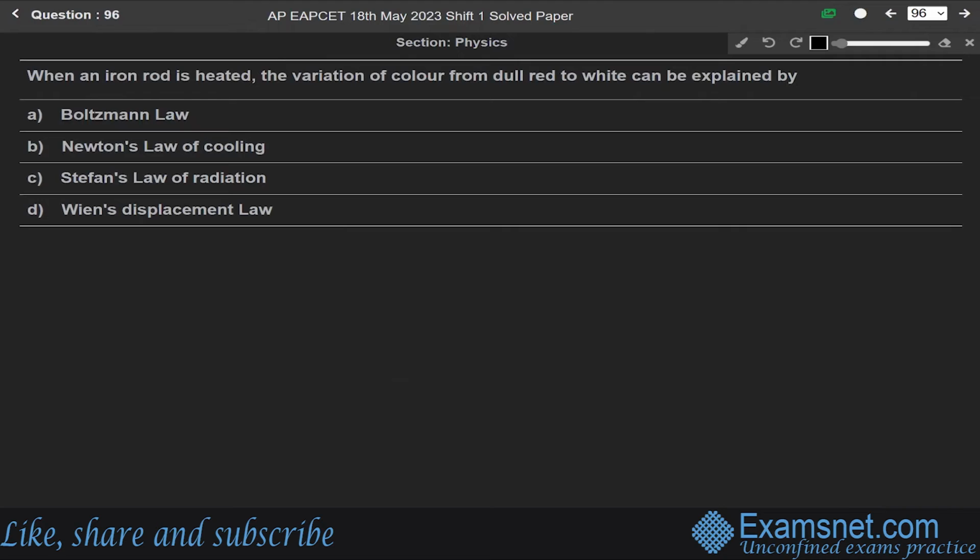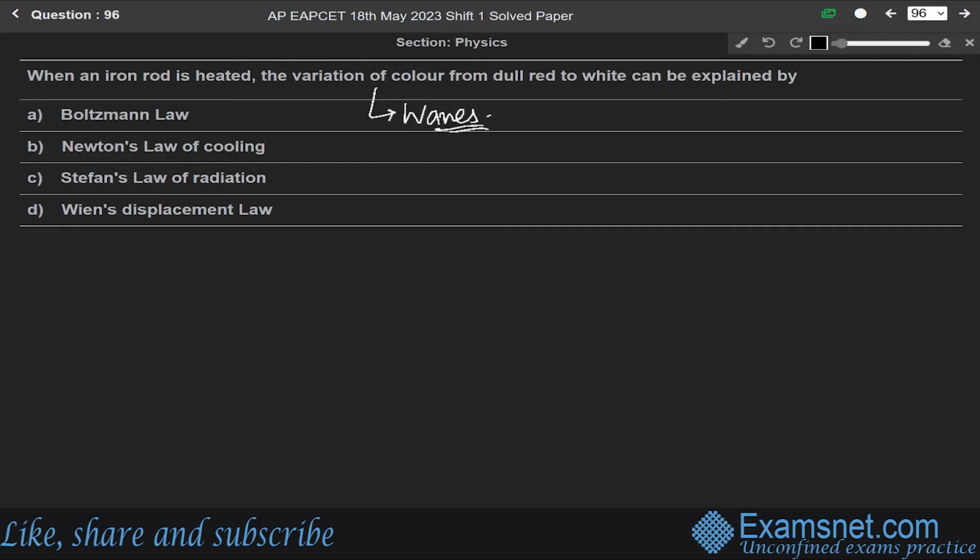Now next question 96. When an iron rod is heated, the variation of color from dull red to white can be explained by. So this question is from the chapter of waves. This phenomenon can be explained with the help of Wien's displacement law.